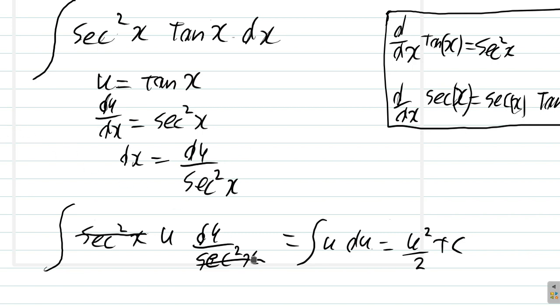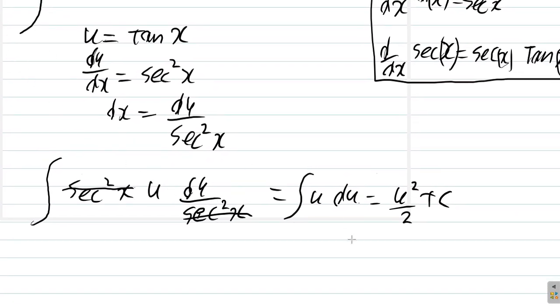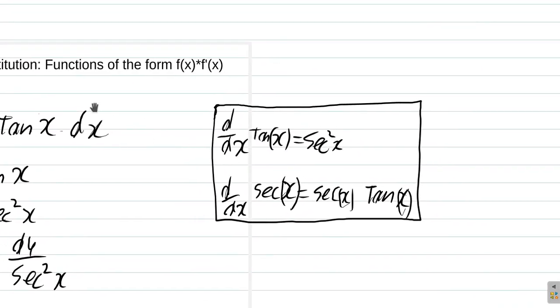So what we have as our answer is tan x all squared. This is the same as tan squared x over 2 plus c. Tan x all squared is also written tan squared x. Alright, so what we have for our answer is tan squared x over 2 plus c. Let's write that down. So tan squared x over 2 plus c.